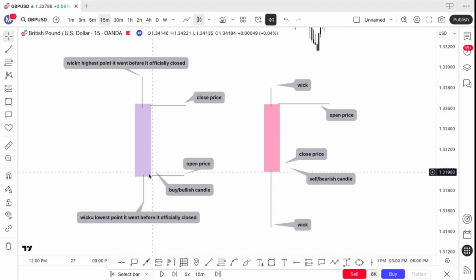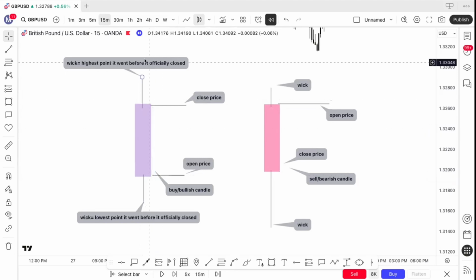Meaning when you see a candlestick like this, the base here is going to be the open price. This down here is the open price. When you push up, here is going to be the close price, the closing price. Because we're going up, the closing price has to be higher than the open price. It has to be up above, right?